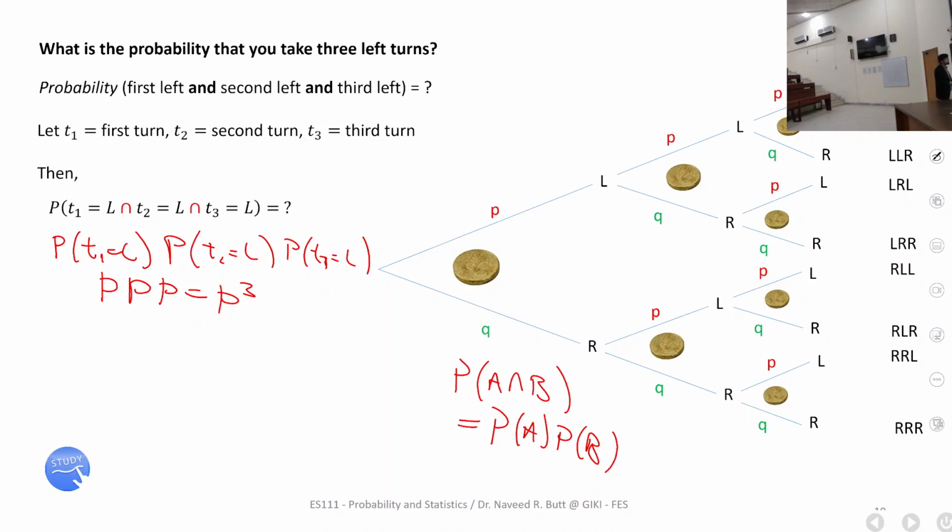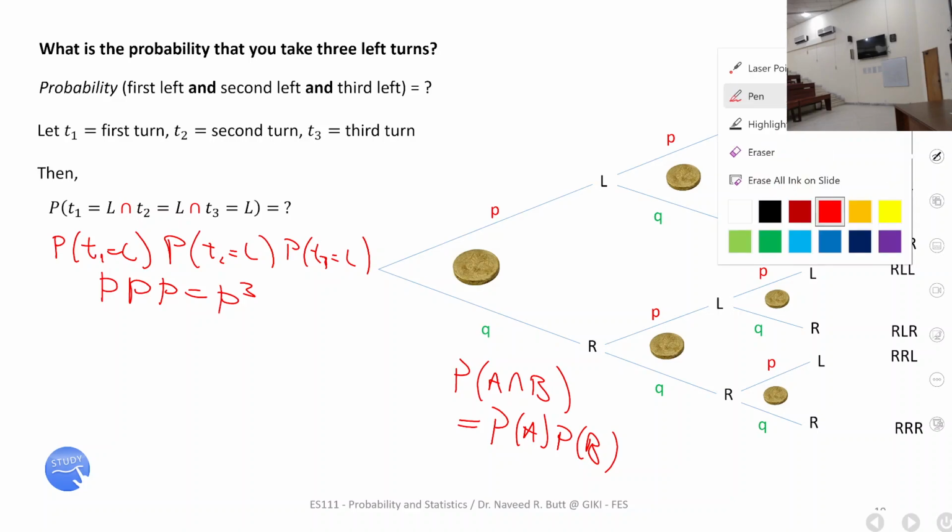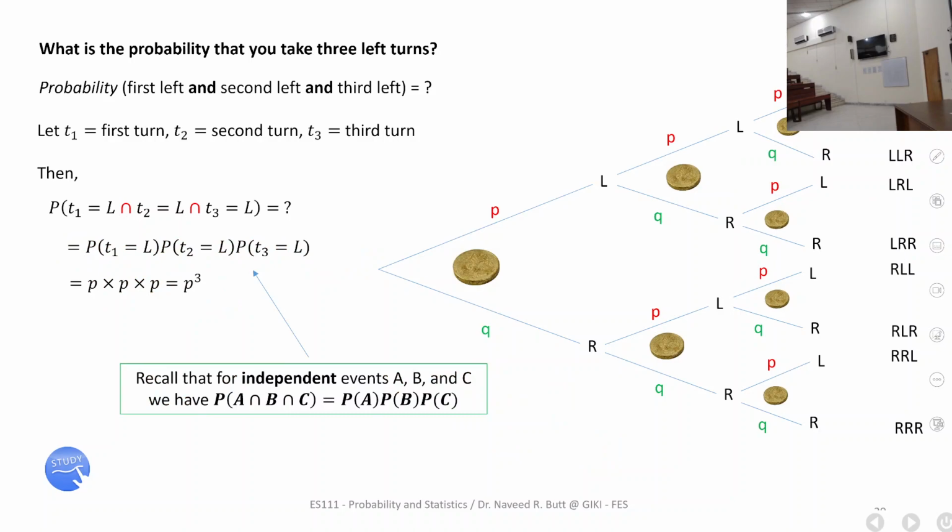So what just happened is that the independence assumption helped you separate them, and you were able to calculate it. Makes sense.